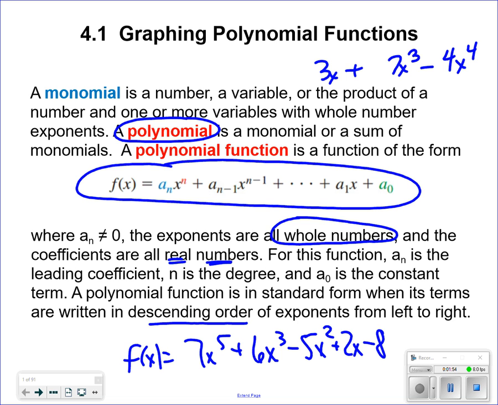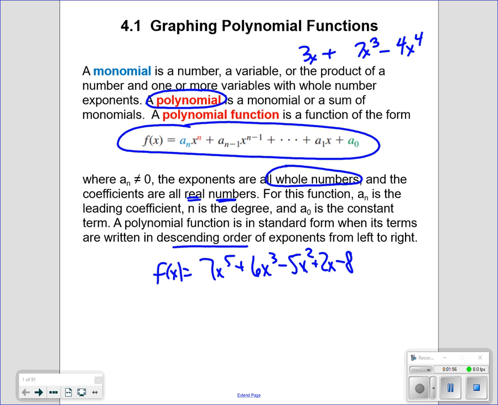The lead coefficient is the number in front of the highest exponent, so in this case, the lead coefficient is 7. That matters. It helps us get end behavior, it helps us with direction. If it's positive, it goes one way; if it's negative, it goes another, just like a parabola. If it's positive, it goes upward, and if negative, it goes downward.